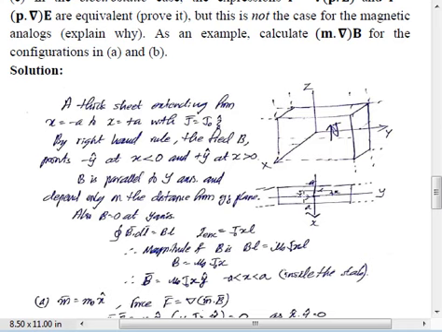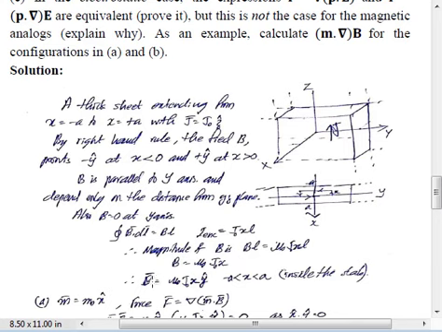So B dot dl is 0 there, leaving BL. The contribution from the two sides is 0 because B and dl are perpendicular. Now the current enclosed by this amperian loop is equal to J0 times the area of the loop. The area of the loop is L times x, where x is the x coordinate. So BL is equal to mu 0 J0 x L, or B is equal to mu 0 J0 x.